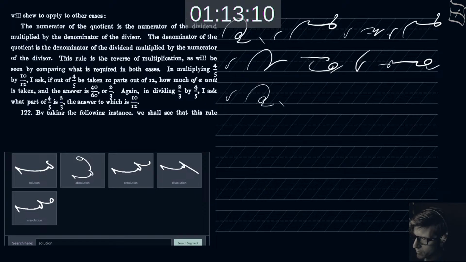The rule is the reverse of multiplication.